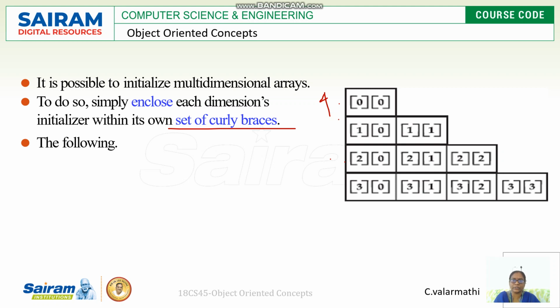So for the first row I can specify the values within curly braces. For the second row I can specify the data within curly braces. For the third row I can specify my own data for each row. Likewise, using curly braces I can initialize its values.